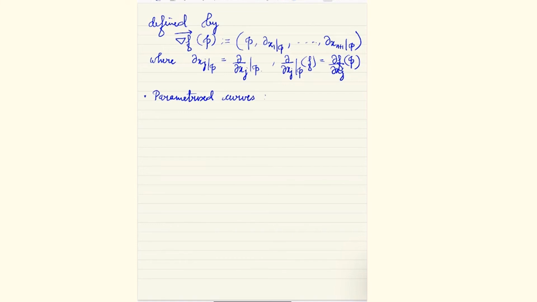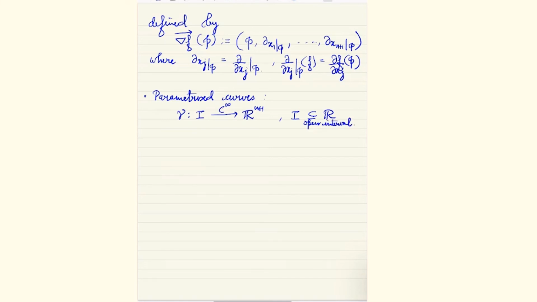These are maps gamma from an interval I, smooth maps. Everything will be smooth for us, to R^(n+1). So initially everything is in R^(n+1), and then we'll refine this to lie in surfaces. So smooth map, I put C infinity. I is an open interval in R. So interval is also important.